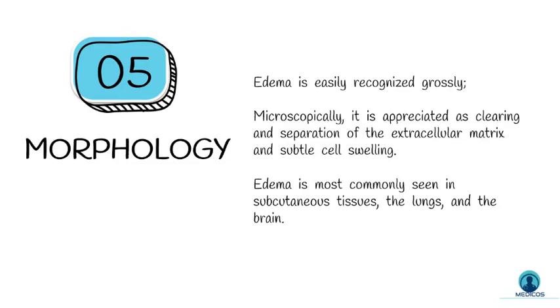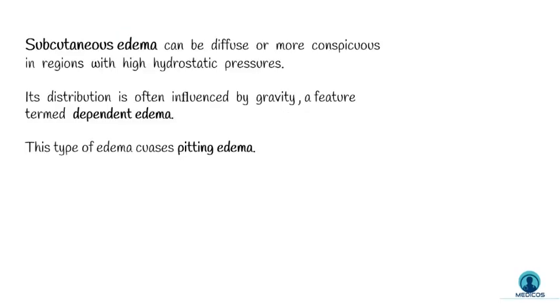Subcutaneous edema can be diffuse or more localized in a region with high hydrostatic pressure, and its distribution is often influenced by gravity. For example, it appears in the legs when we are standing, and it happens in the sacrum and the genital region when we are lying down. And this feature is known as dependent edema.